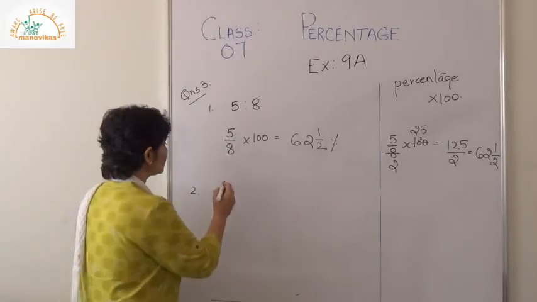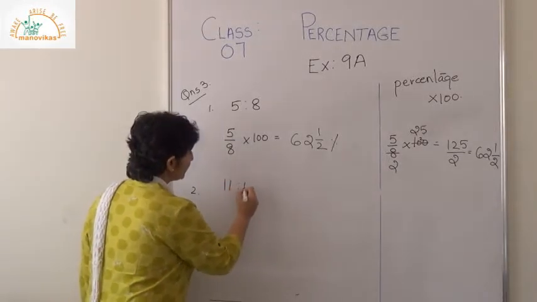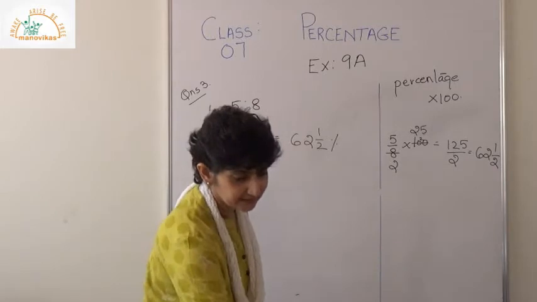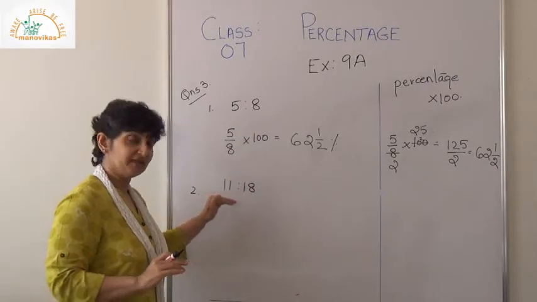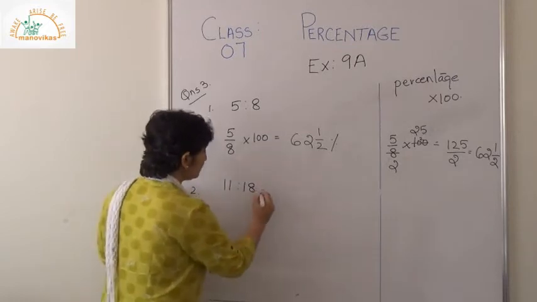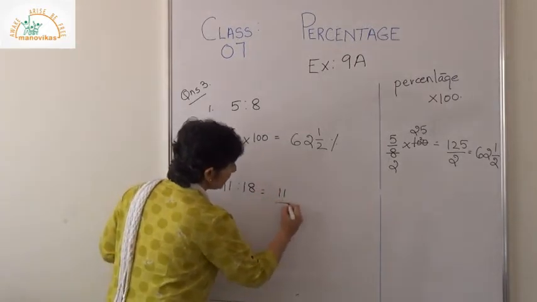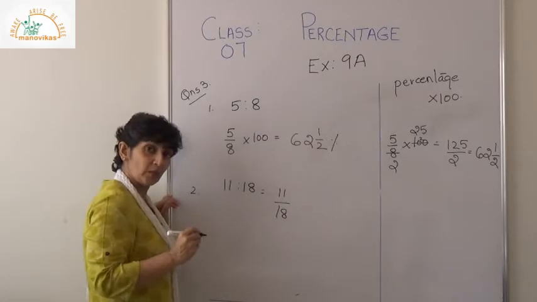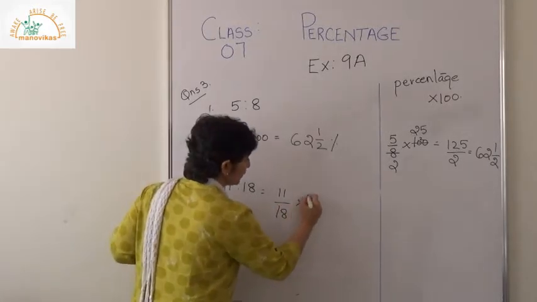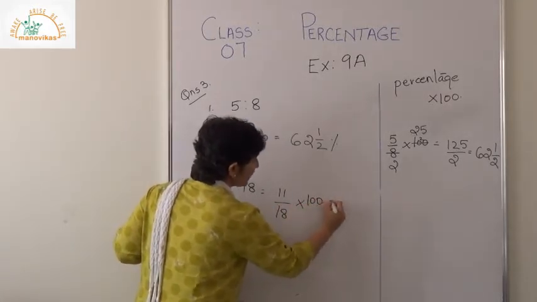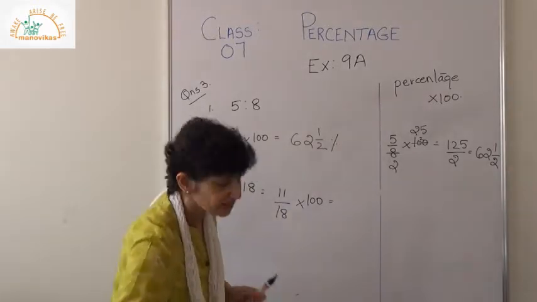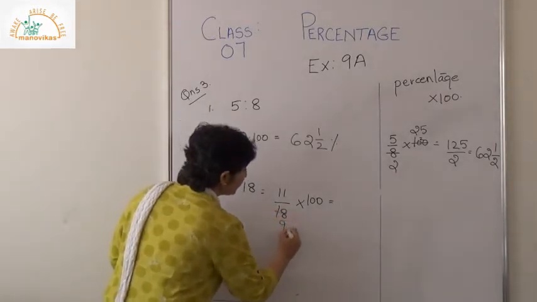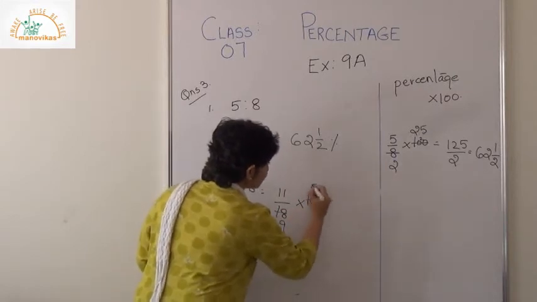Alright, the second sum is 11 is to 18. I've already explained this once before. 11 is to 18 also means 11 upon 18. When you want percent, what do you do, children? You will multiply into 100, isn't it? Now when I reduce, what do I get? 2 9s are 18, 2 5s are 10, 0.